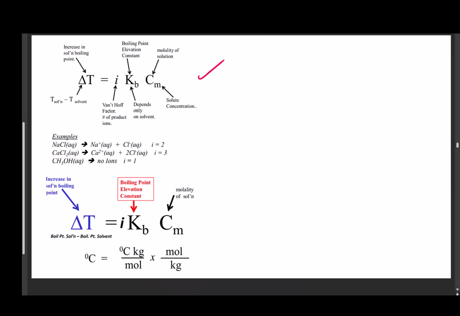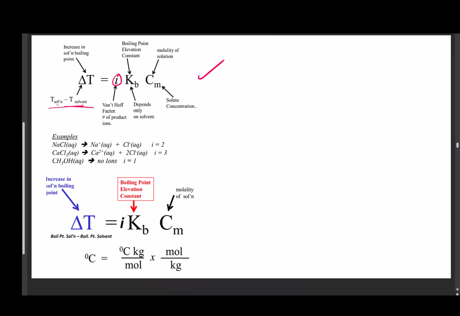I won't tell you what the symbols represent. That rise, that increase in boiling point can be computed two ways: by the difference between the boiling points of the solution and the solvent, if you're given that. If you're not given that delta T, then you can calculate it by multiplying these three factors together. i representing the number of ions that are formed when an ionic substance dissolves in water.